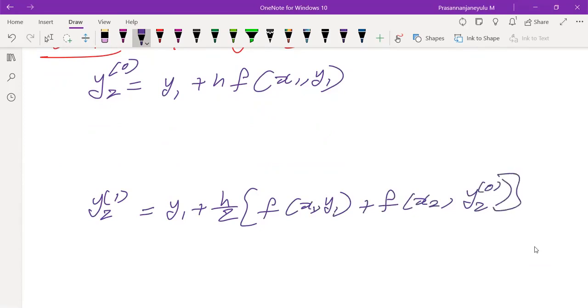So we have to go like this, second approximation of y2, third approximation of y2, like that. Up to what extent do we have to continue? Whenever the successive approximations of y2 values are nearly equal, then you can stop, and that is our final value. So do this one. I am leaving this step 2 for your practice.